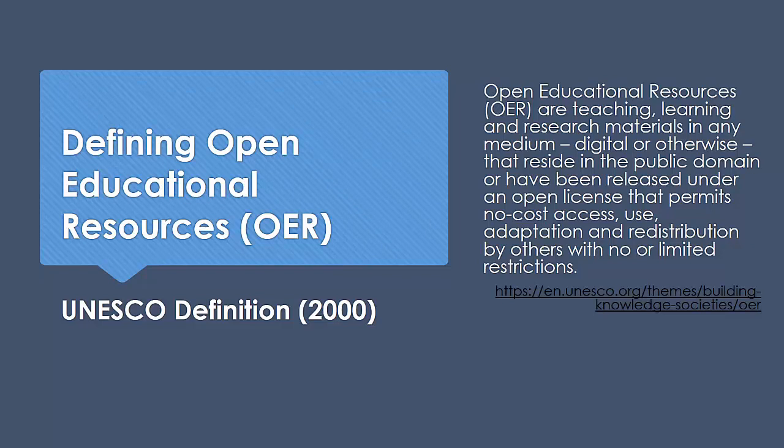There are a number of ways we can define open access and open educational resources, but by and large, those are free and openly licensed educational materials that can be used for teaching, learning, and research, and also other purposes.